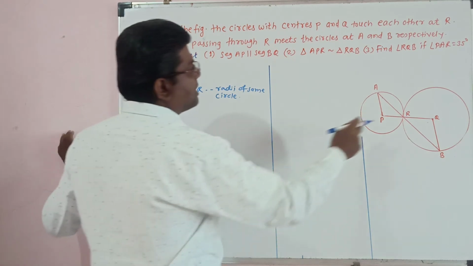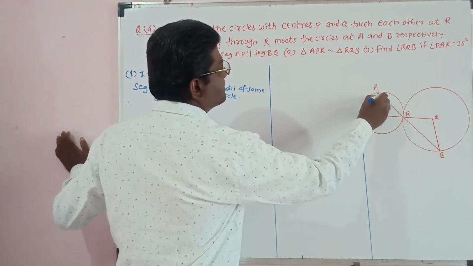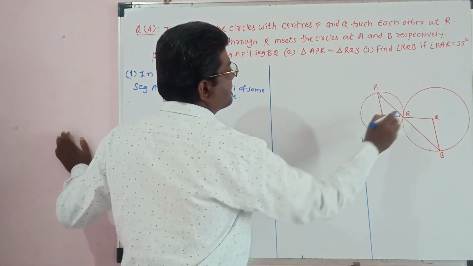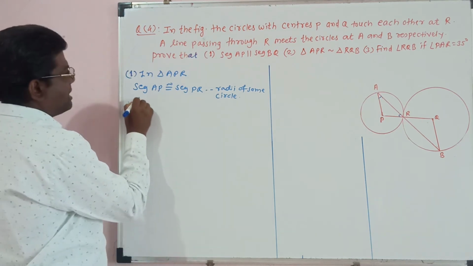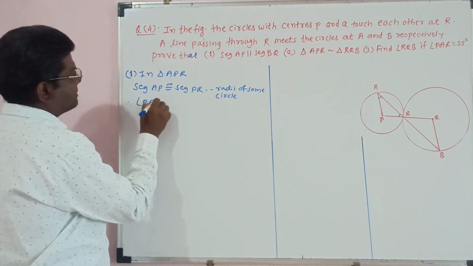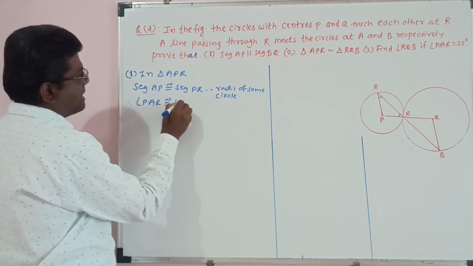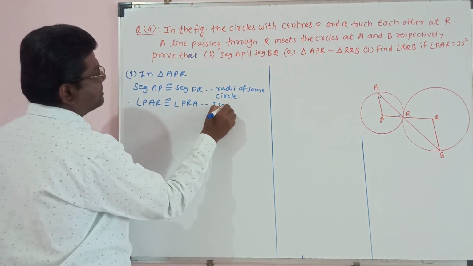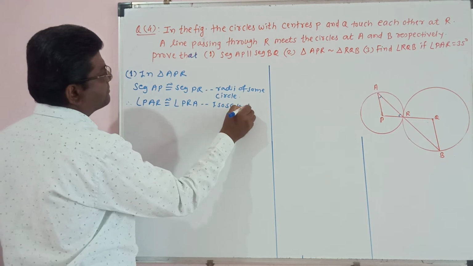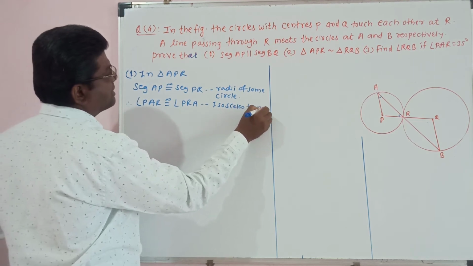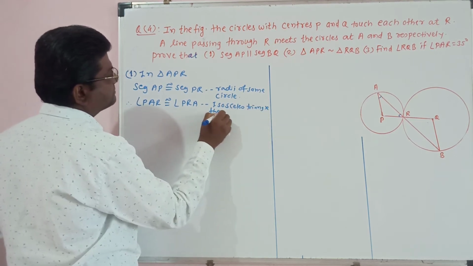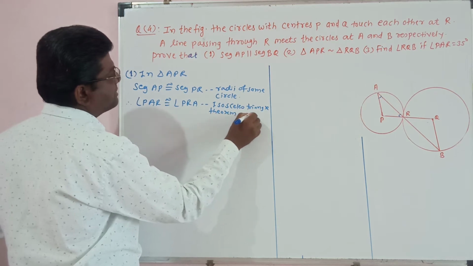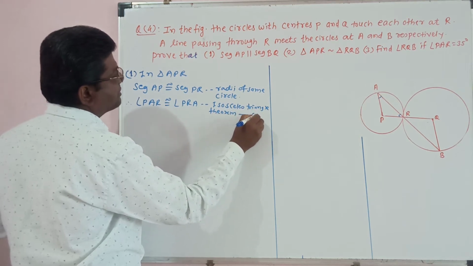Therefore, angle PAR and this angle are equal. Angle PAR is congruent to angle PRA, isosceles triangle theorem. Let this be equation number 1.